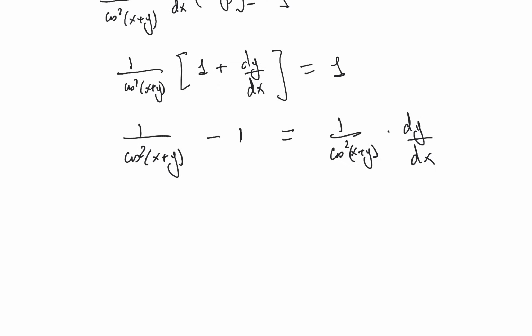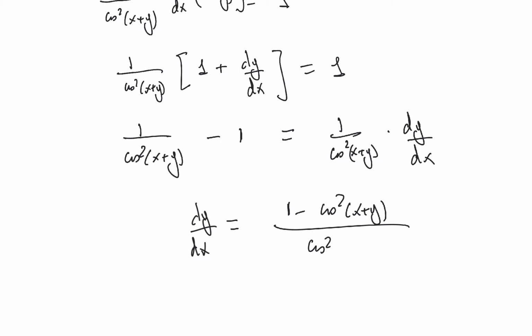And now I have to solve for the derivative of y with respect to x, which is equal to 1 over cosine squared of x plus y minus 1, which is 1 minus cosine squared of x plus y divided by cosine squared of x plus y.